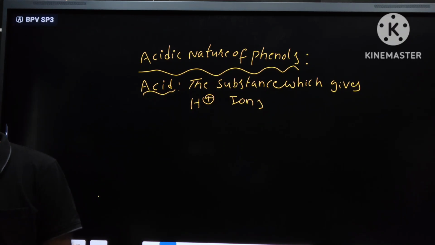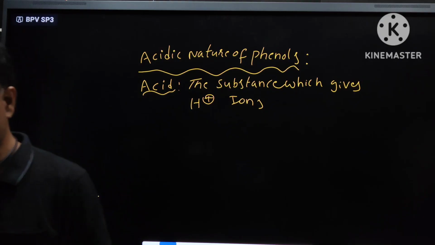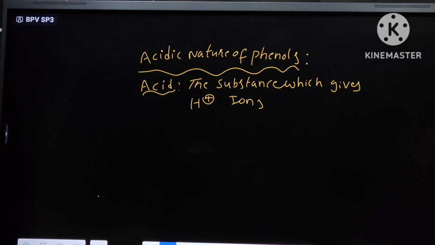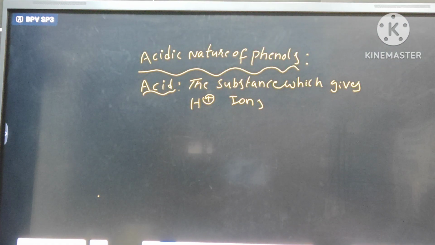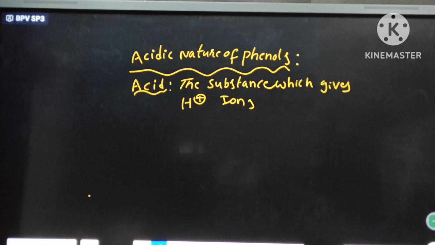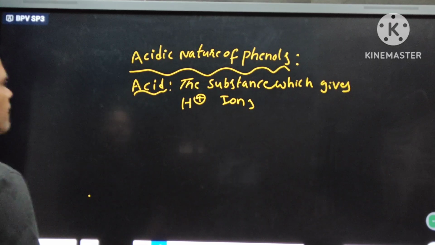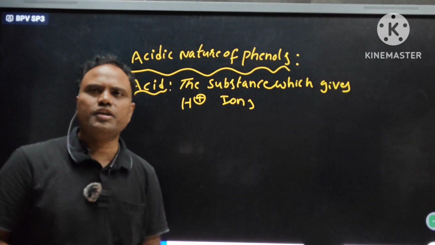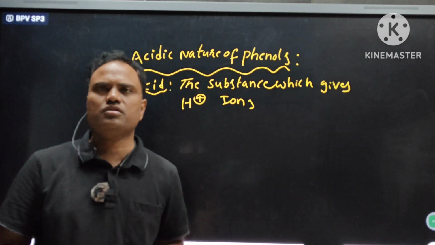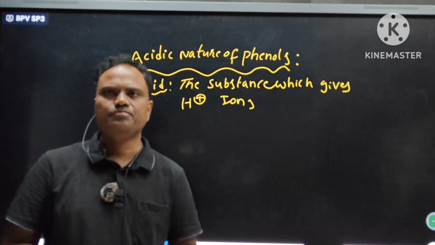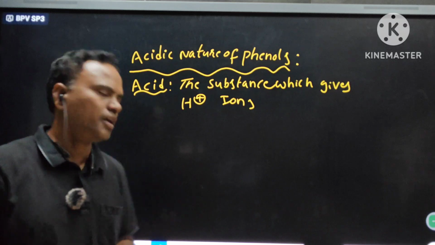Right. The substance which gives H plus ions when it is dissolved in water is called an acid. HCl is hydrochloric acid.